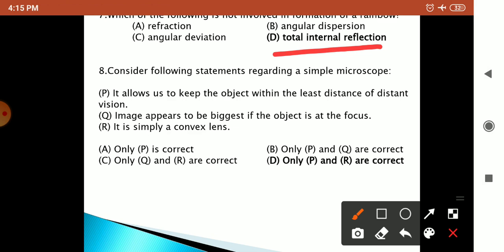Now from these three statements, the first two statements, P and Q, are correct, because as we know, we use this microscope to focus the object, and when its distance is least, still we can observe it clearly. So option D is correct.